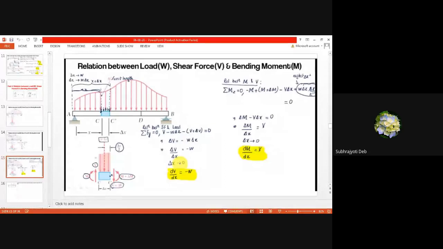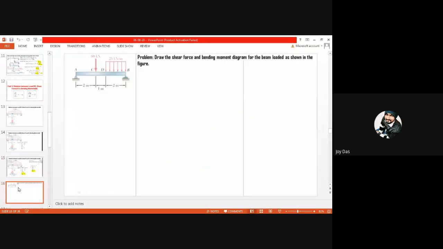You missed one topic, so you will have to understand it on your own, okay? So let us solve a numerical problem. See this problem. It is basically a simply supported beam with two supports, A and B. At a distance of 2 meters from A, at point C, a load of 60 kilonewton is acting downward.